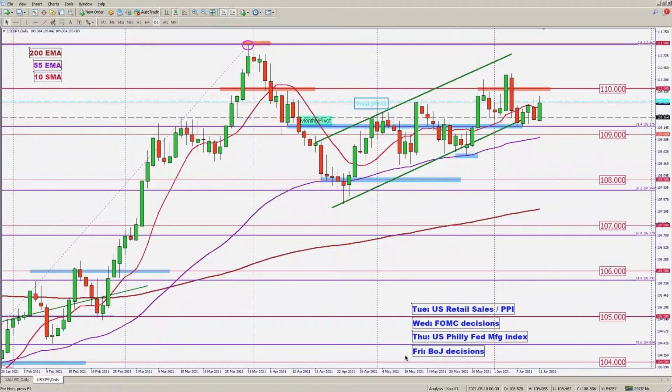And on top of that, there's also the Bank of Japan decisions on the Friday. So we'll see whether that's going to drive the Japanese yen as well.